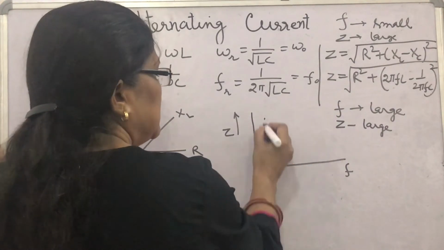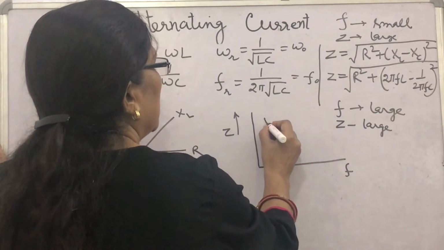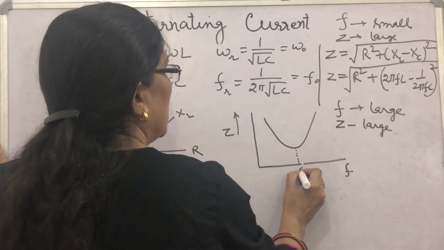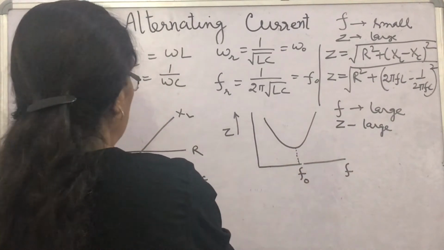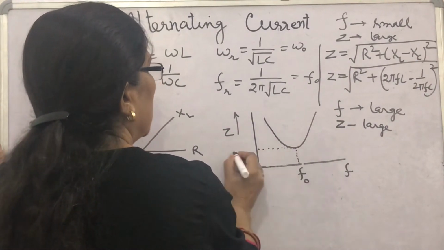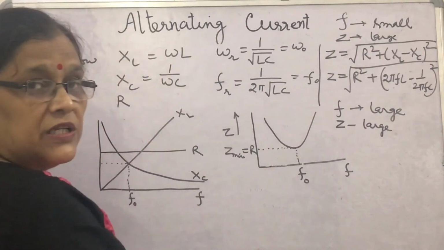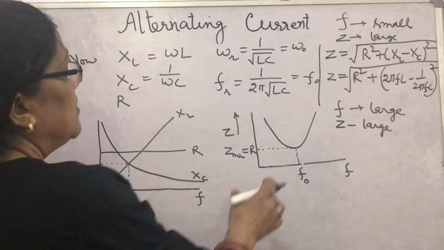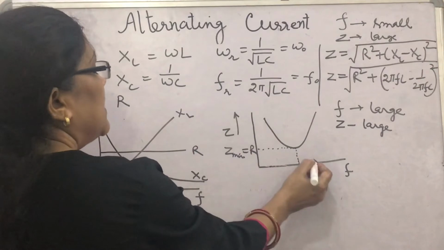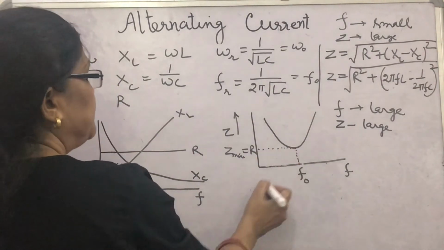For a smaller value of frequency Z is large, for a greater value of frequency Z is large, and there is a value of frequency, f naught or fR, at which we find Z is minimum, and that Z minimum value is equal to R at resonance. So this is Z minimum.